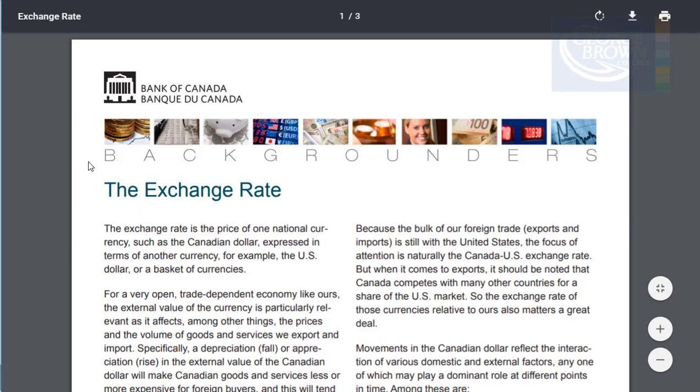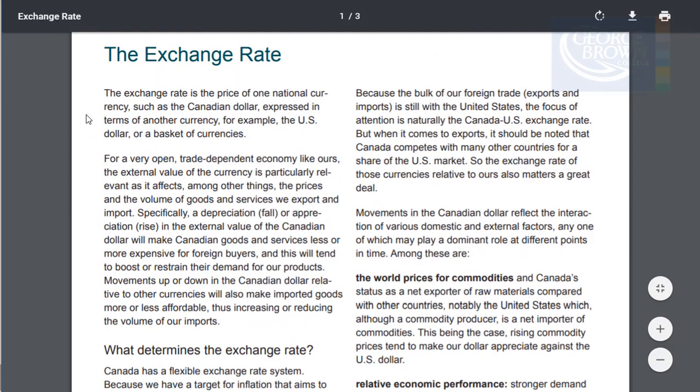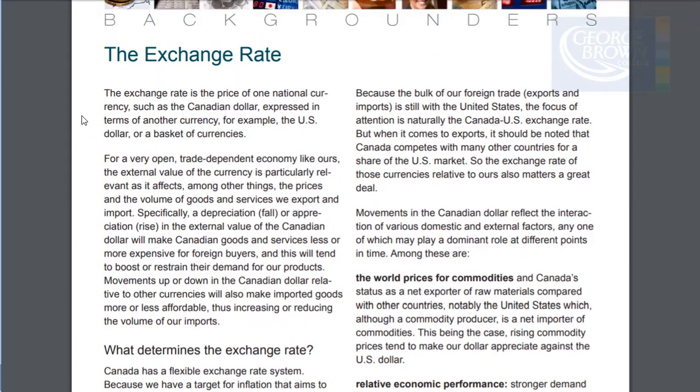If you click on it, some important information. It's only 3 pages. You can see the exchange rate is the price of one national currency, such as the Canadian dollar, expressed in terms of another currency, for example, the US dollar, or a basket of currencies.